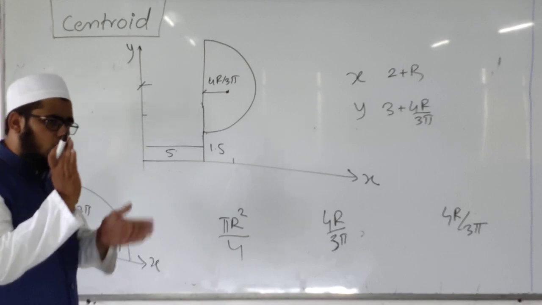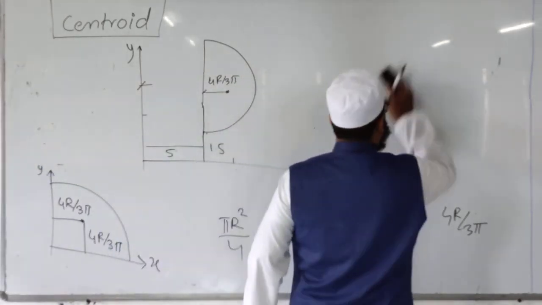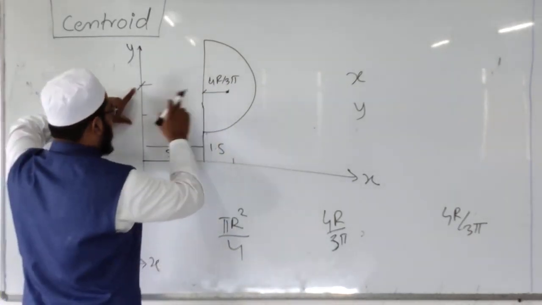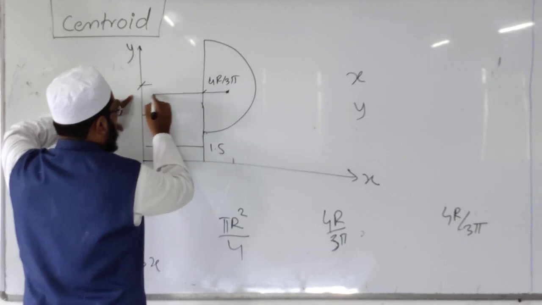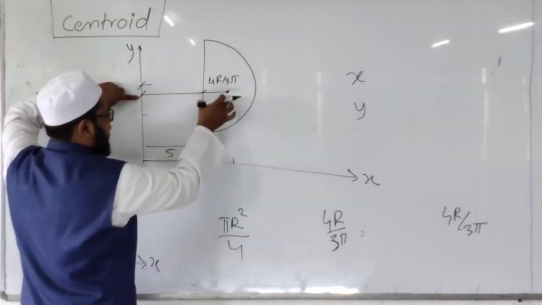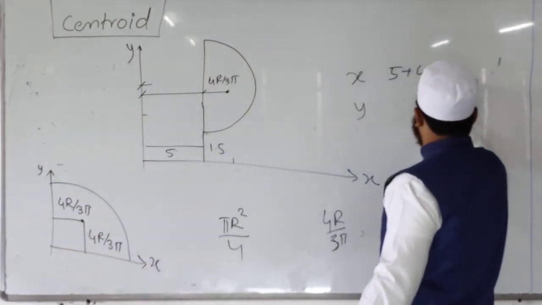Depending upon position and orientation, the value of the coordinates will change. So I will calculate. If I have to calculate x, I require the total distance from this y axis. This is 5 plus 4r by 3 pi.